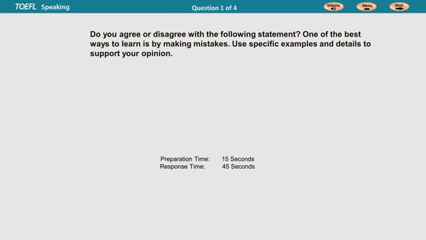Use specific examples and details to support your opinion. Begin to prepare your response after the beep. Begin speaking after the beep.